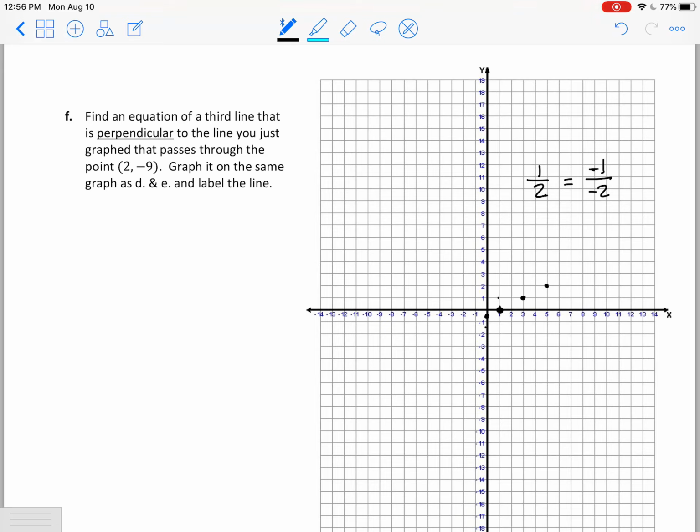So I could go down here from my -1/2, that's down 1, and then negative on my run 2. Down another one and negative. If I wanted several points there, I could plot them, which helps to make my line a lot more accurate when I'm connecting these points. Of course it doesn't have to be exact, but just giving you some ideas there.